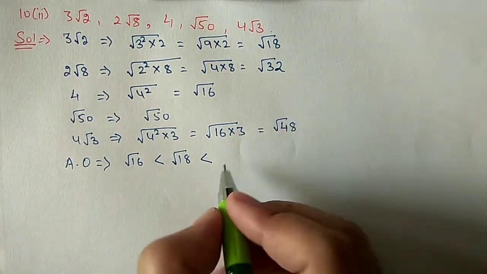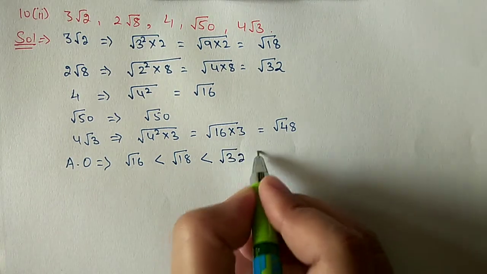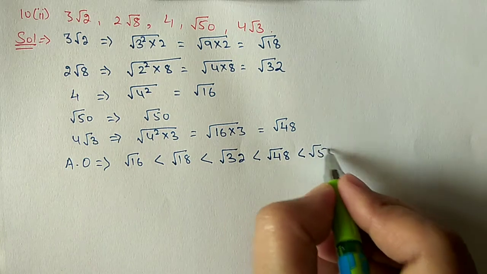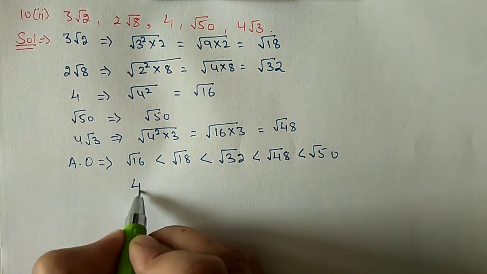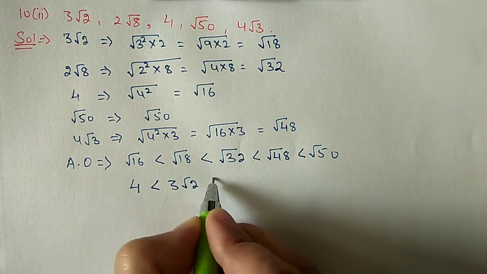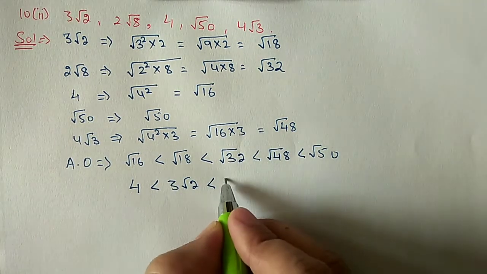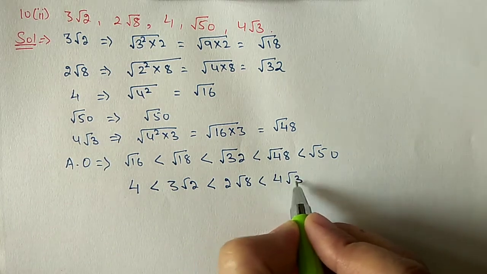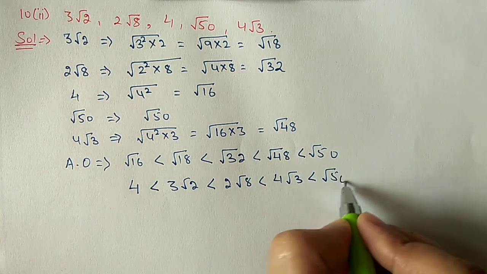Then root of 32, root of 48, and at last root of 50. Root 16 was 4. Root 18 was 3 root 2. Root 32 was 2 root 8, root 48 was 4 root 3, and root 50 was root 50.